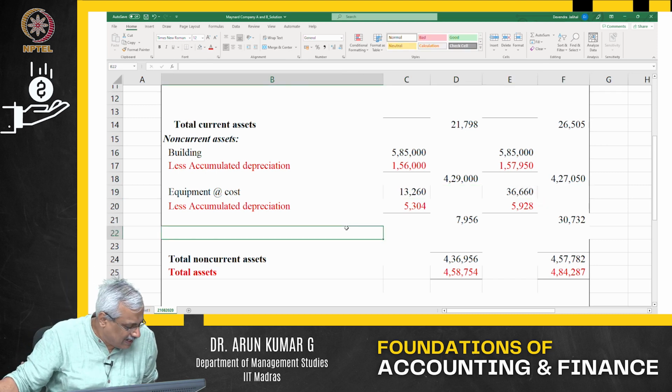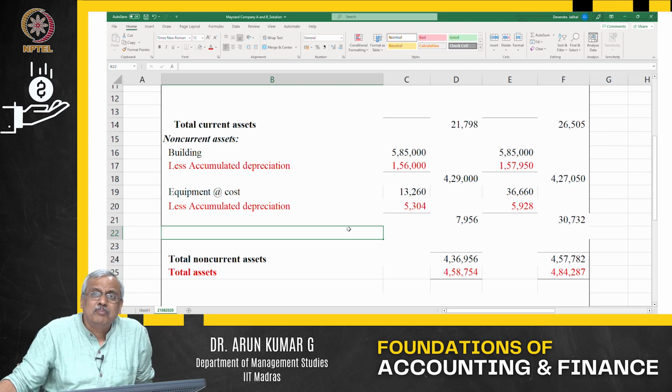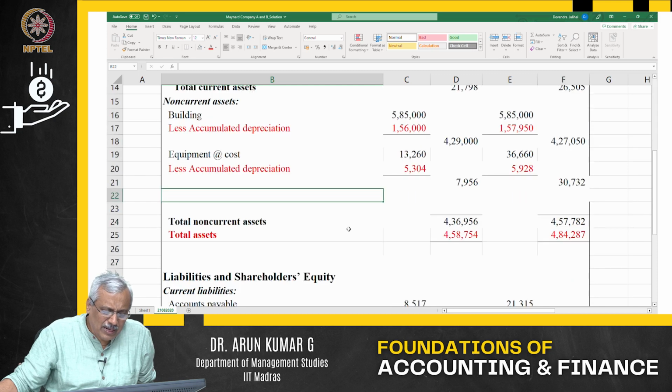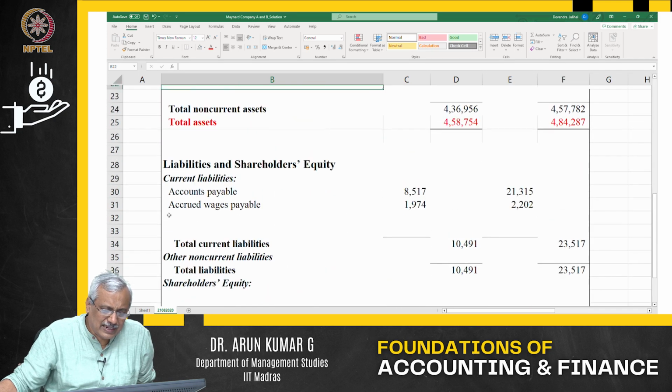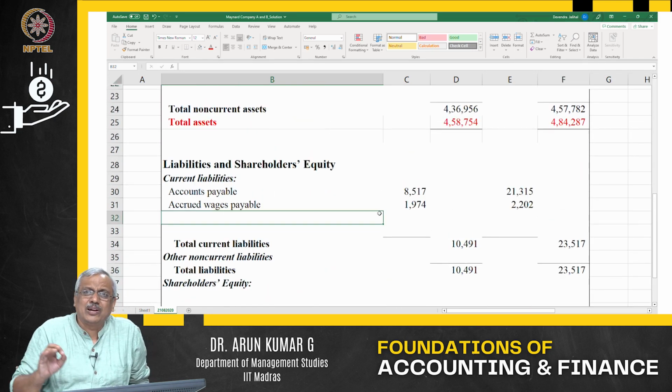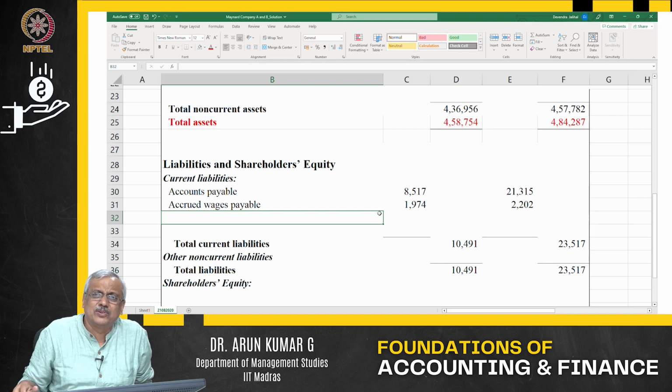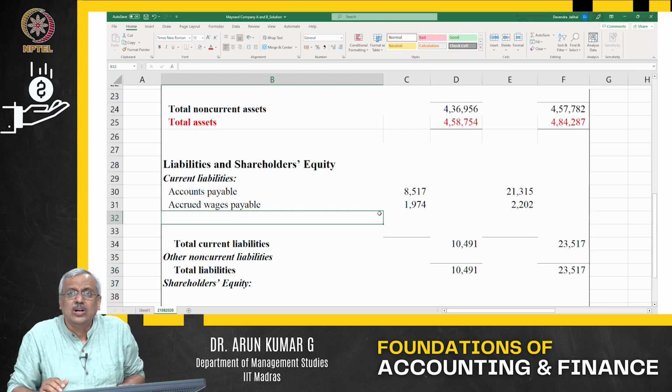Next, I would say bank notes payable. Normally, it is what we call a current liability. Bank notes, you have to pay to the bank, the money that is due to the bank for some discounting or whatever it is. Bank notes payable.